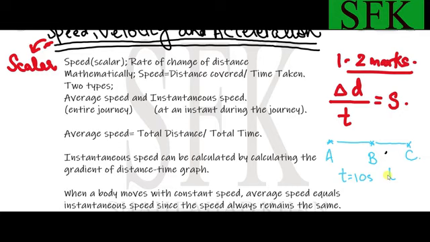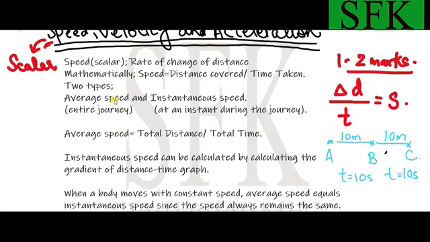From B to C it takes 10 more seconds. The distance from A to B is, let's say, 10 meters, and the distance from B to C is also 10 meters.